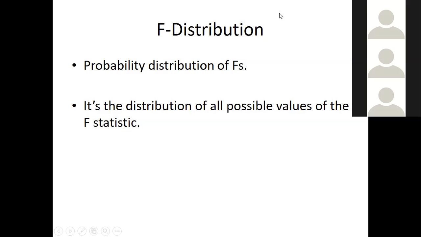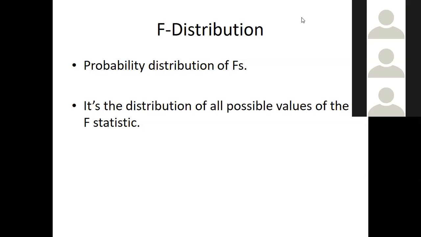The F distribution is the probability distribution of F. It is the distribution of all possible values of the F statistic. If you remember when we talked about probability distribution, it is the list of all the possible values of a variable and their probabilities. That is the probability distribution.